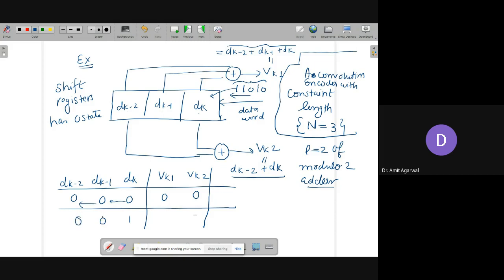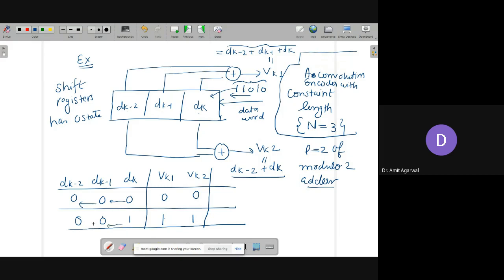Now vk1 and vk2 will both be 1, because vk1 is the XOR of all these three, and vk2 is the XOR of dk minus 2 and dk. Next time instant, the next bit will come and the previous bits will be shifted.